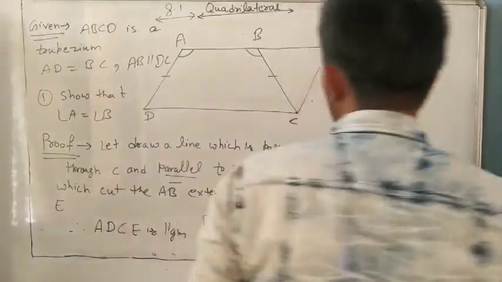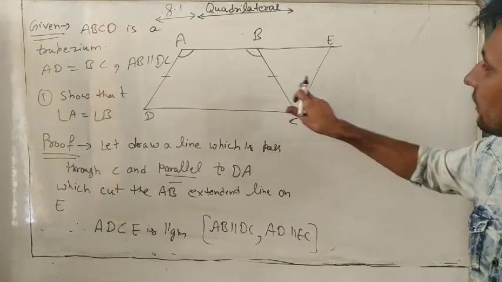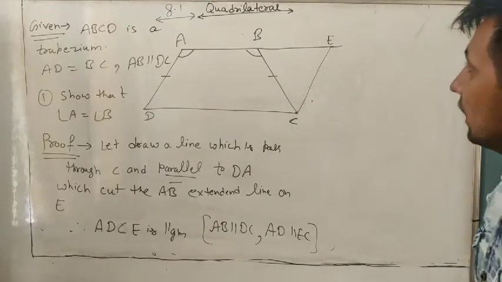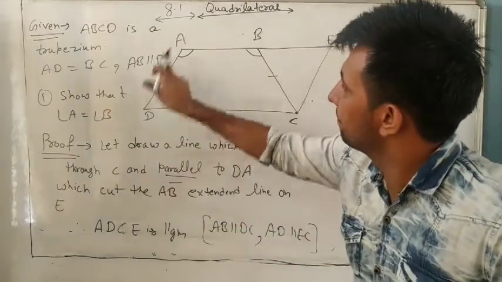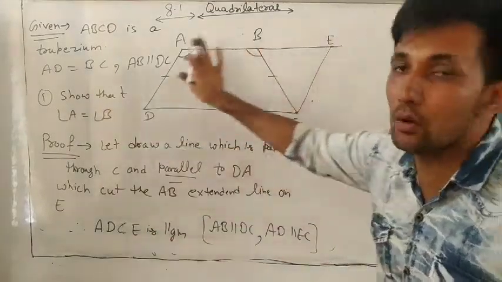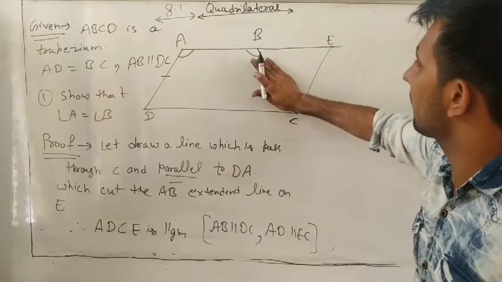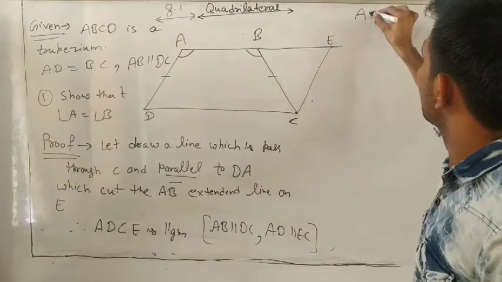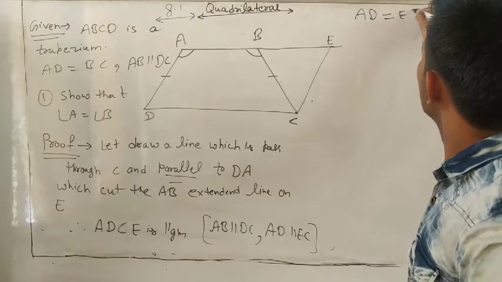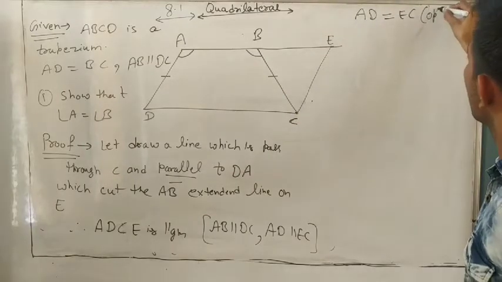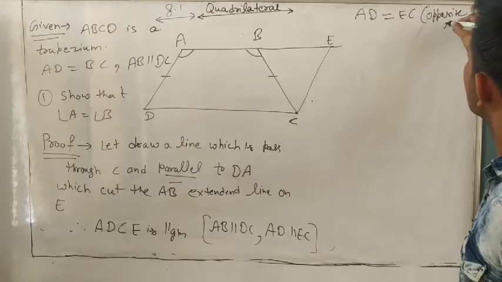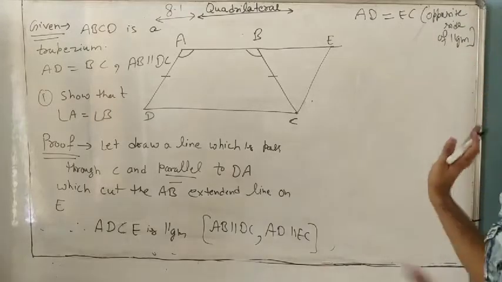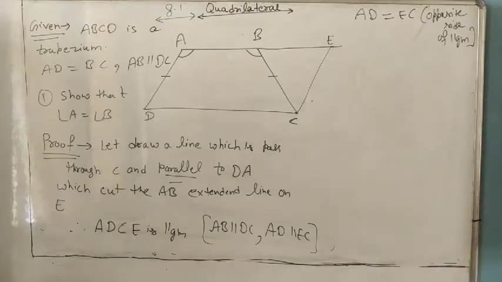Now, can you say that BC is equal to EC also? Yes, why not? Why? Because ADCE is a parallelogram, and if it is a parallelogram, the opposite sides are equal. AD equals EC. Why? Opposite sides of a parallelogram.